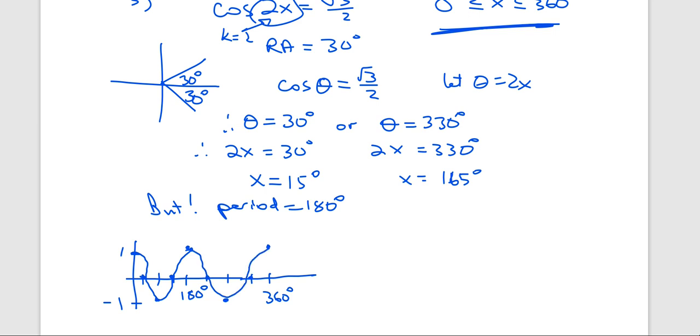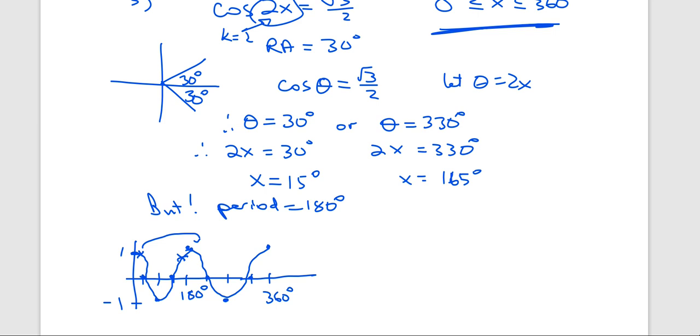And there you go. So my first answer is 15 degrees, so that's going to be somewhere over here. 15 degrees is close there, 165 is there. But those 2 values occur again 180 degrees later because the period's 180 degrees.